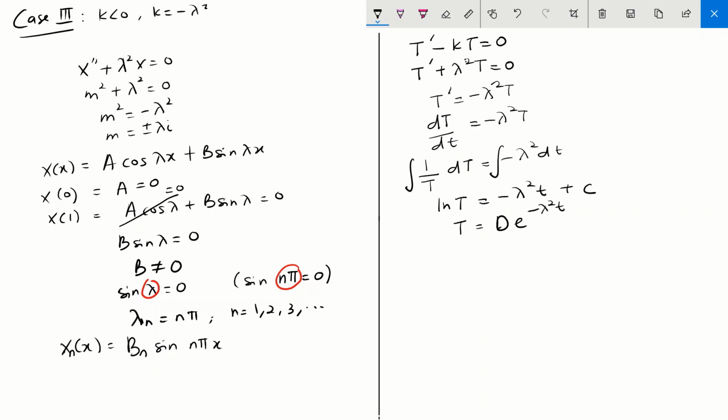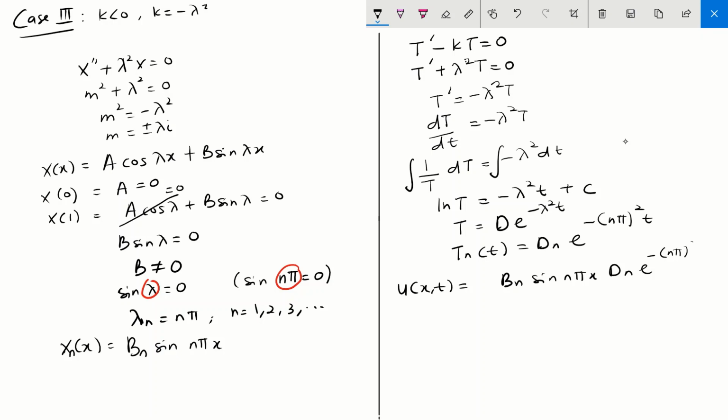We know what the series of lambda is, so we write it as a series. This equals e to the power minus n pi squared t. So we have the solution of X and the solution of T, therefore the solution of u(x,t) is equal to B_n, the solution of X, sin n pi x, times the solution of T, D_n e to the power minus n pi squared t. Since we already put this in series, we have n equals 1 to infinity.